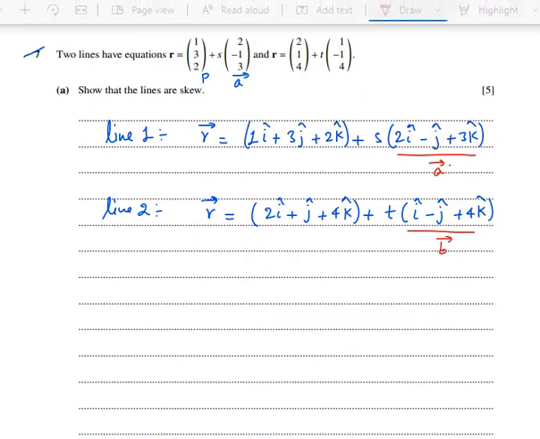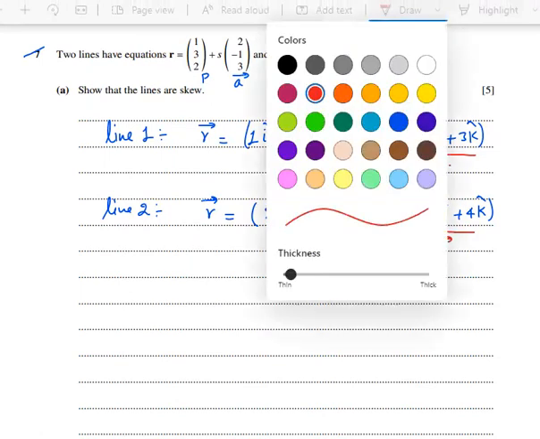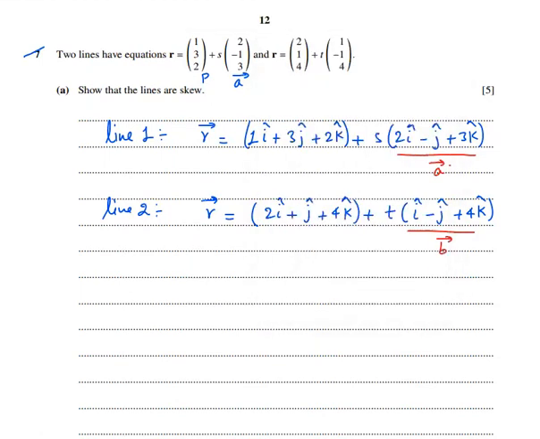So clearly we can see that vector A is not a scalar multiple of vector B, right? See, A is 2, minus 1, 3, B is 1, minus 1, 4, right?